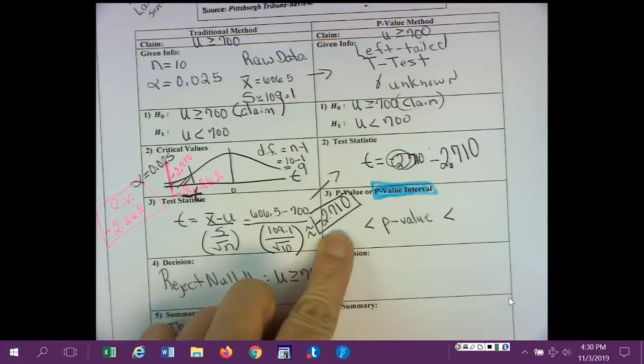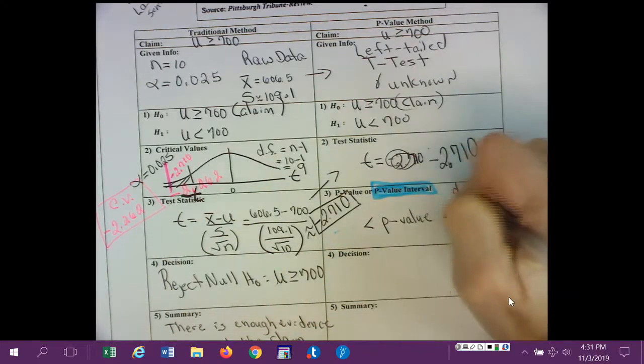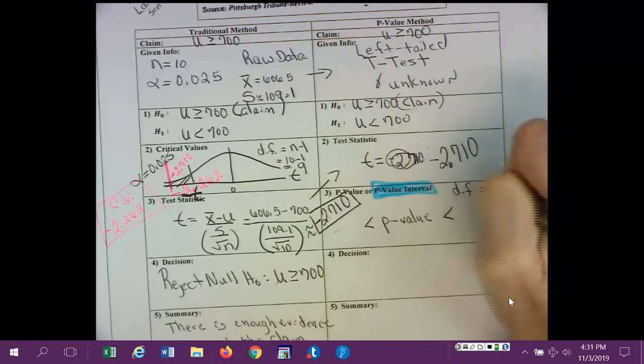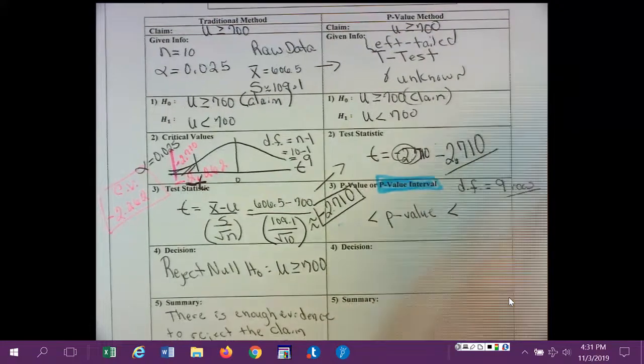Before they used calculators and computers a long time ago, they could only use the table. So this is the deal. You go to the t-table and you are going to wish to block off the row for degrees of freedom, which in this case, again, is row 9.